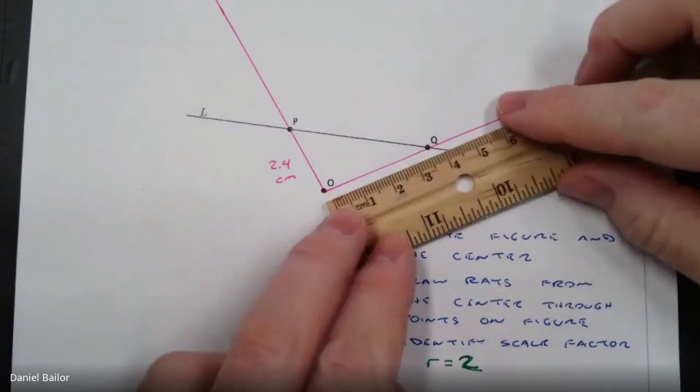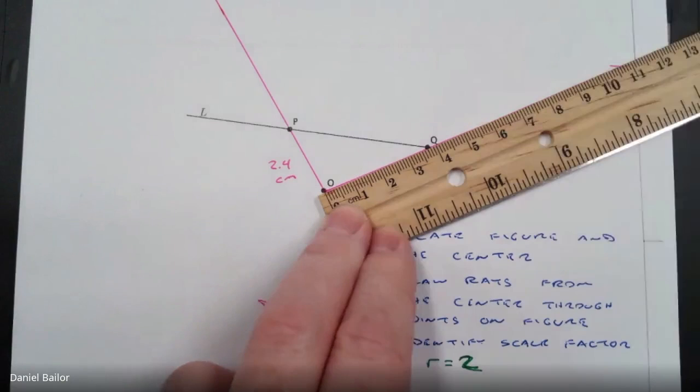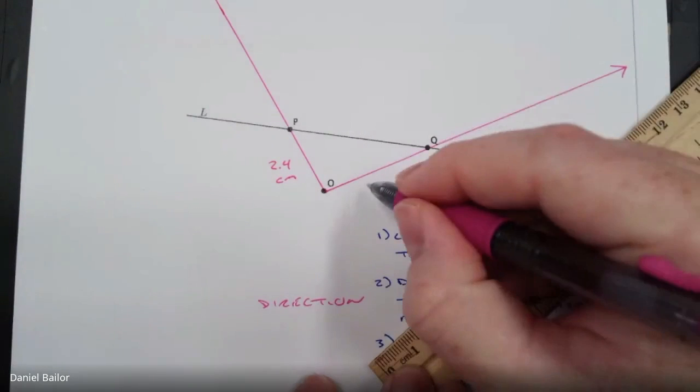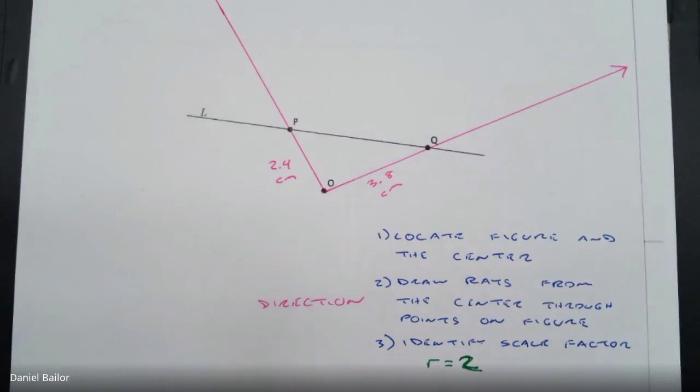OQ looks like it's 3.8 centimeters. Now, that is what I know. Now I know everything. I'm ready to dilate.